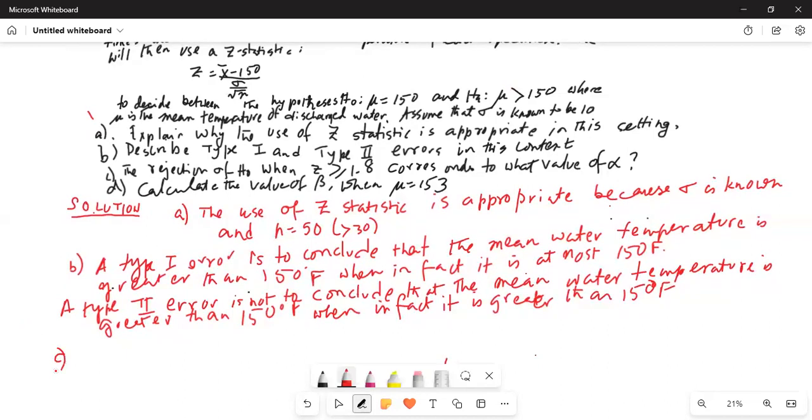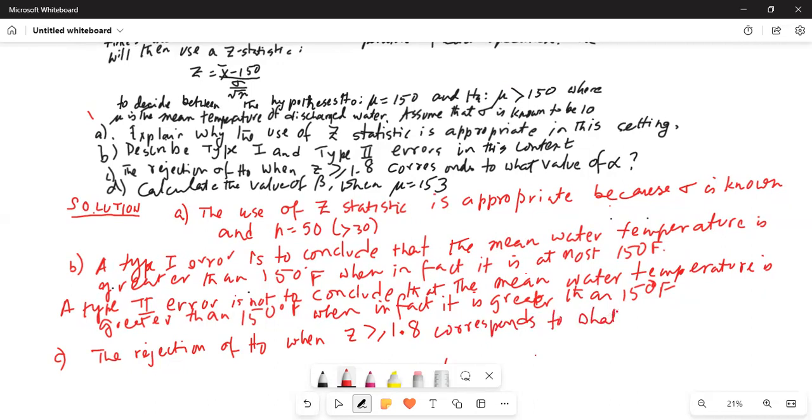Part C says: the rejection of H0 when Z is greater than or equal to 1.8 corresponds to what value of alpha?